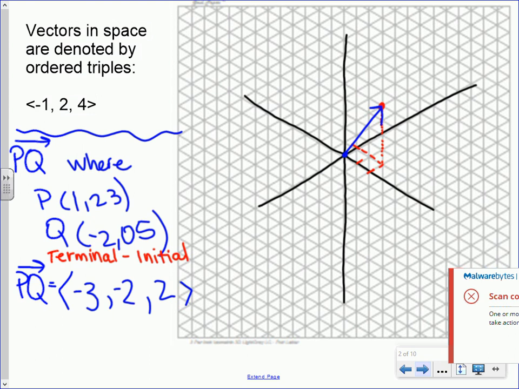All right, now do you remember how we used those I's and J's? There were 2 different ways to write a vector. Okay, when we are in 3 dimensions, there's going to be 3 standard unit vectors. So, what was the vector I in 2 dimensions?